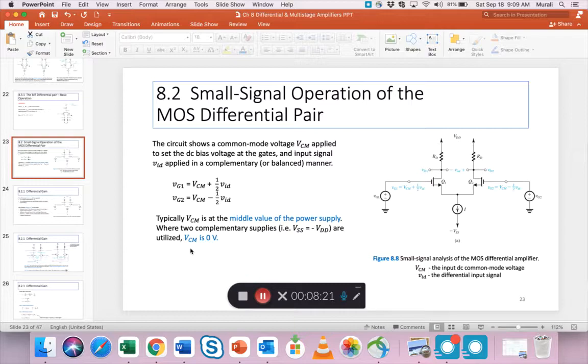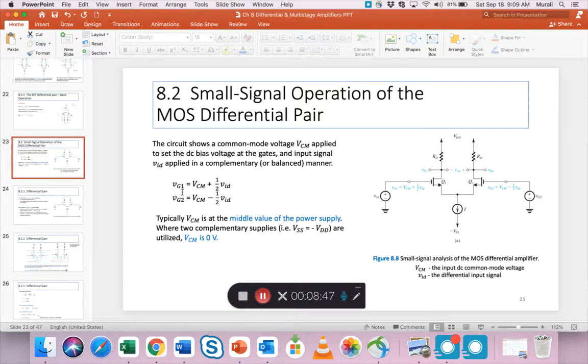So this is a bit of an important concept. We'll do some problems where this will become clearer. But for now, make sure you understand why VCM is always shown, even though it may be zero. How we define the input signal, input differential, half of it coming here and half of it coming here.